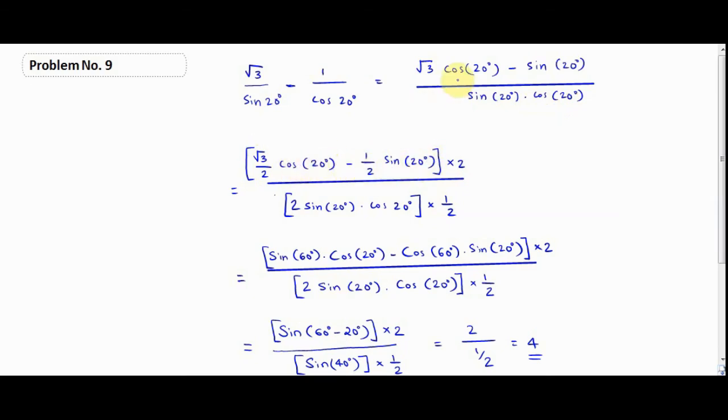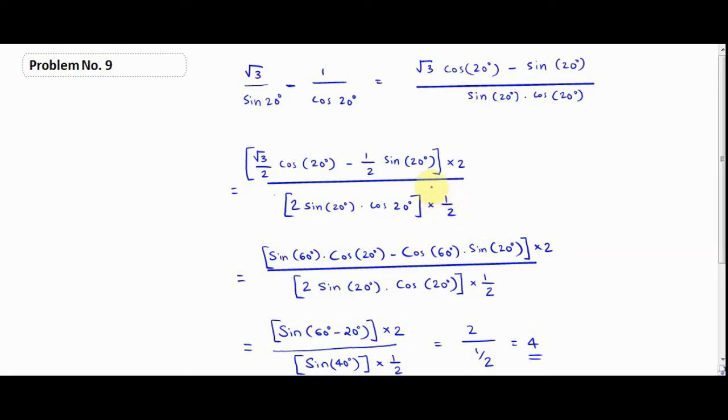To nullify that multiplication, we multiply this entire term with a factor 2. The denominator term is modified like this: we multiply the denominator with 2, and to nullify that multiplication, we multiply this entire term with a factor 1 by 2.